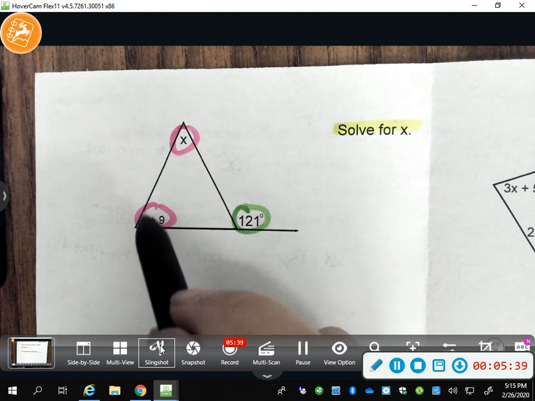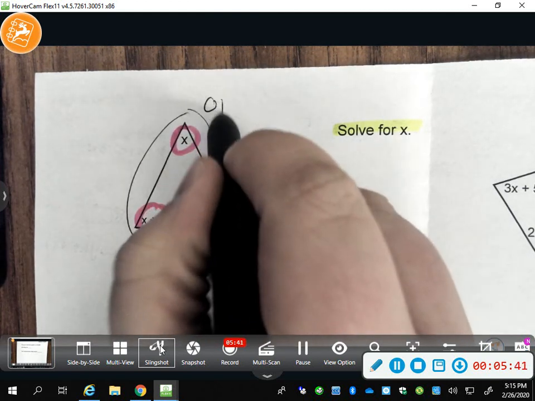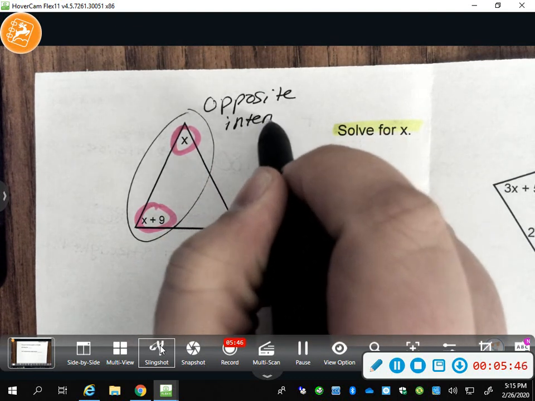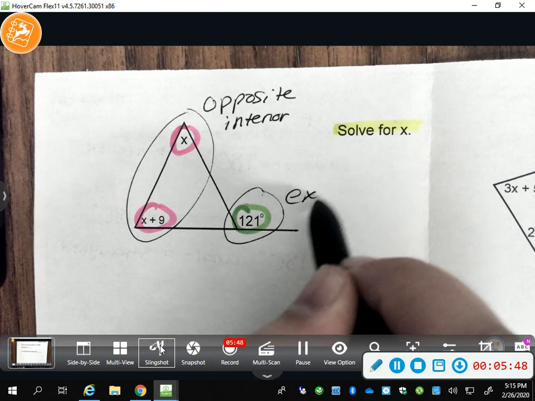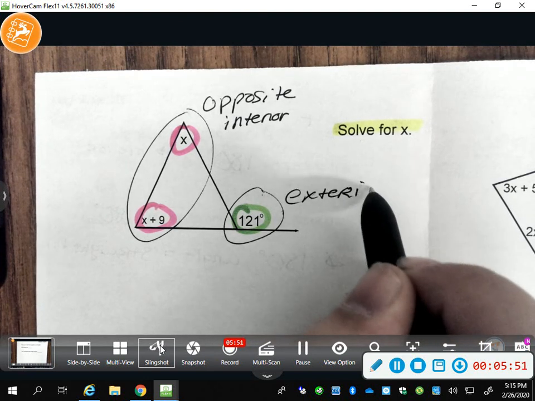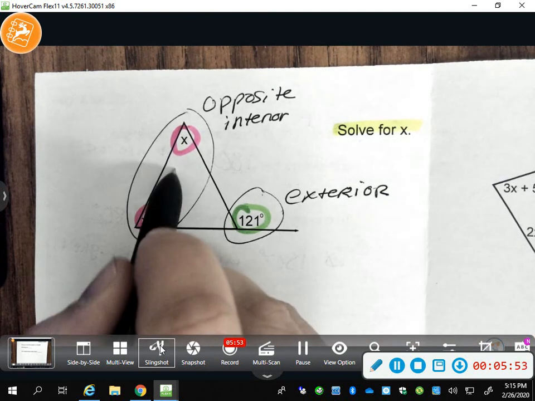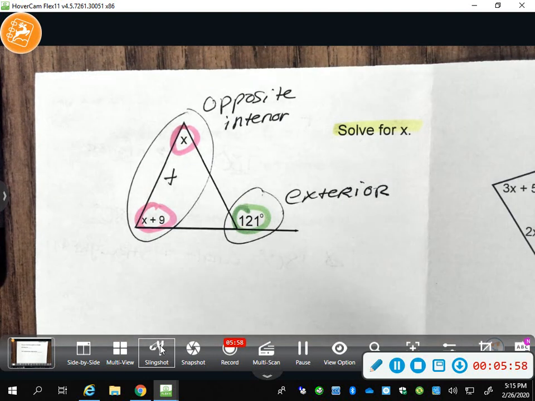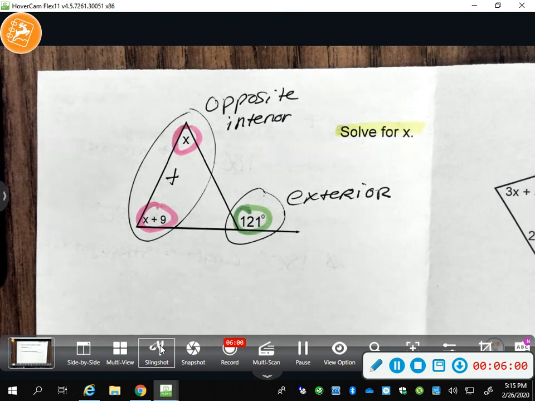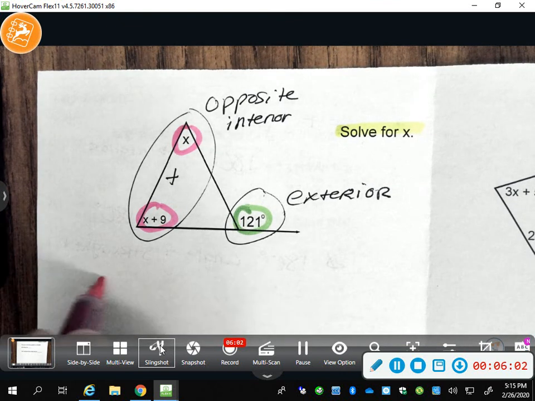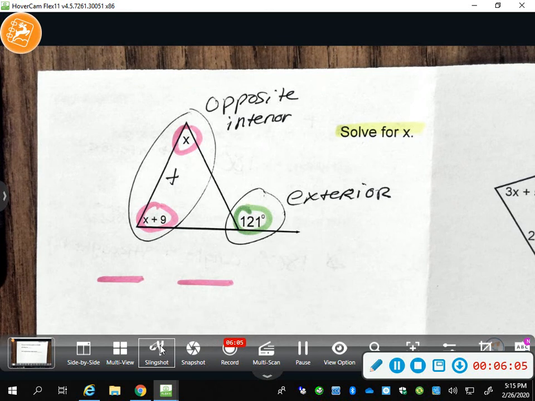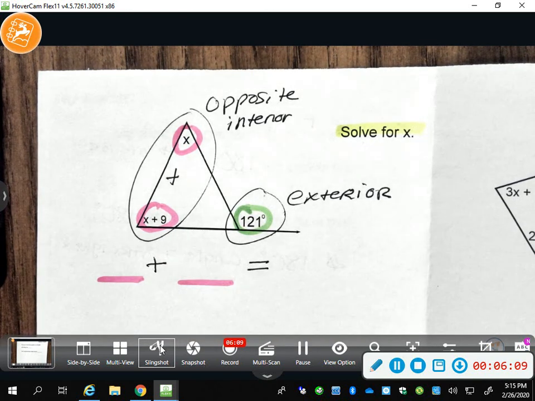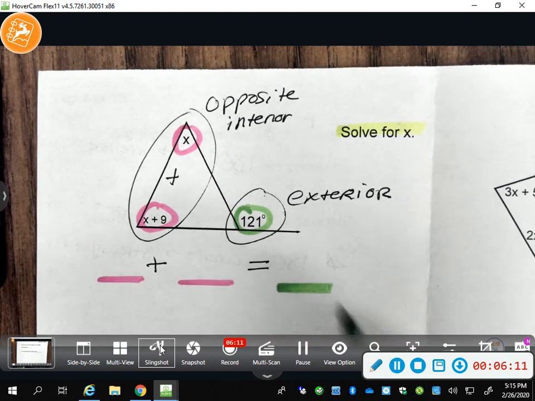These are opposite interior angles to the exterior, which we just learned means if I add these two, their sum is the exact same as this exterior angle. So if I take both pink angles and add them together, their sum is the same as that third green angle.